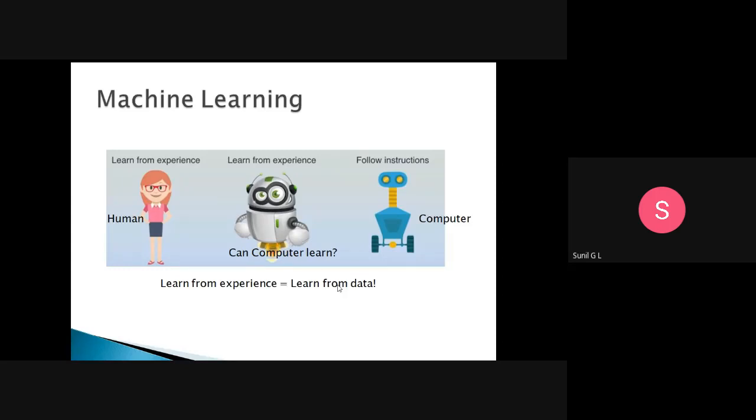From the past data, the machine will learn, gain knowledge, and after that, it will identify new things from that knowledge. That we call machine learning. This is one simple systematic view of machine learning.